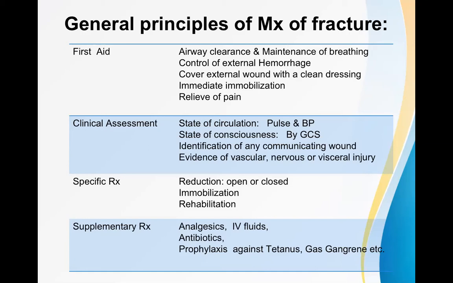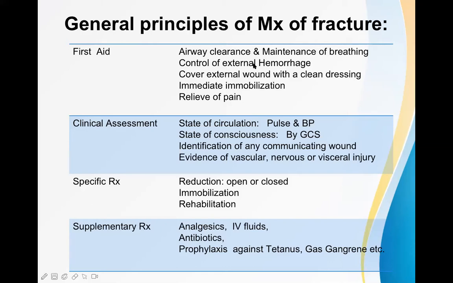But at the same time, if the patient suffers a road traffic accident, many different areas of the body can be damaged. Who knows? The patient may be having head injury. Patient may have cervical vertebra fracture. Patient may be having pneumothorax because of the rib fracture. So airway and breathing has to be examined in serious types of fractures.